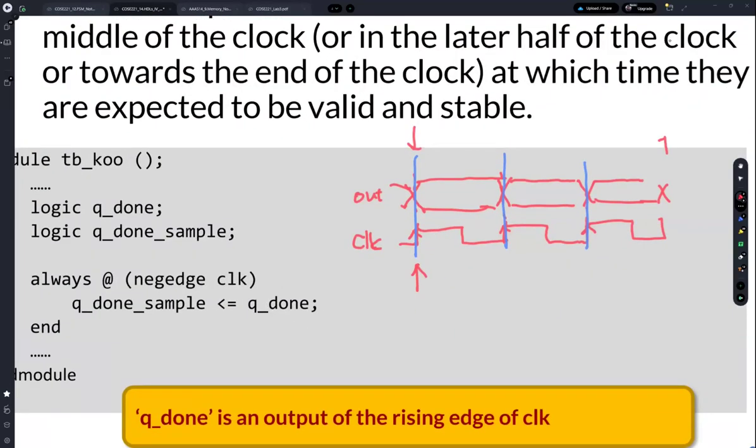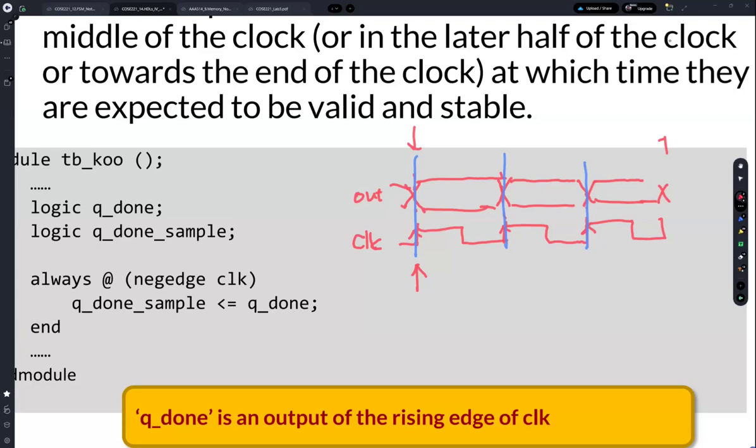So this is hardware design. We also need to determine when to monitor output values, because we need to consider time. This is very important. This is a unique feature of hardware design. We need to consider timing.